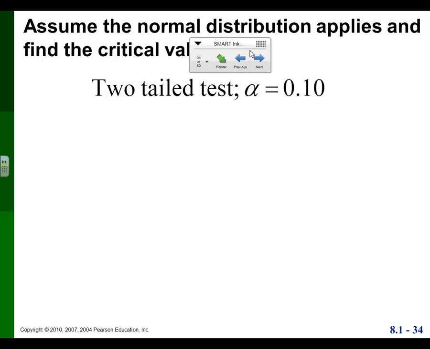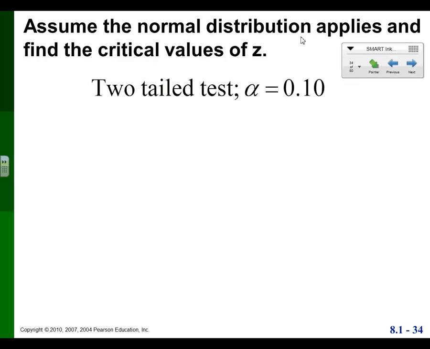Alright, here we go. Assume the normal distribution applies. Find the critical values of z. Let's see what we remember. First of all, what kind of curve do I draw for z? Does anybody remember what kind of curve I draw? We just had the test. Yeah, that's a normal distribution.